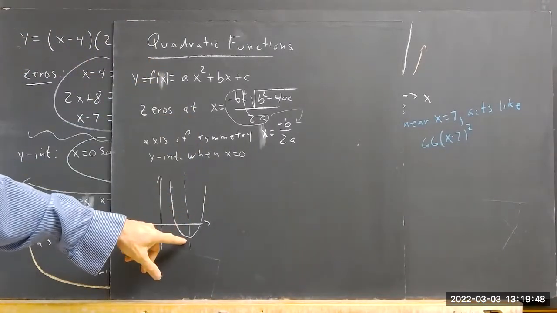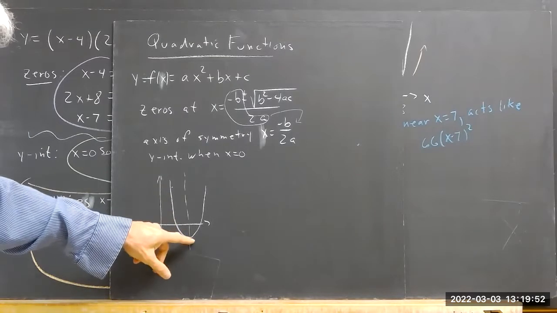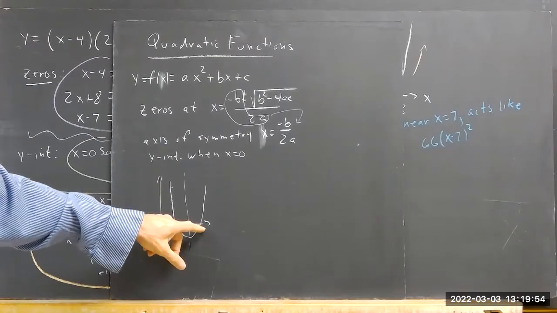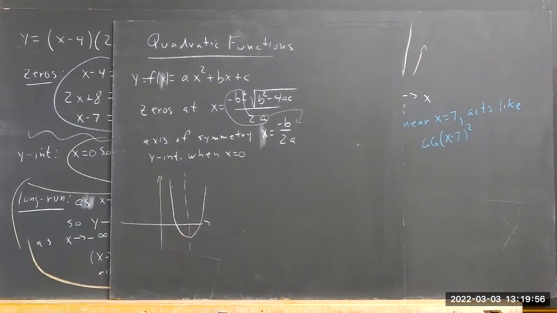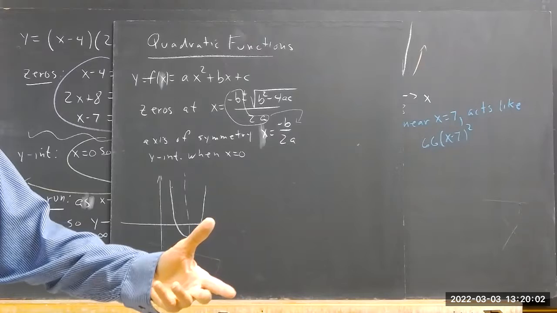It opens upward with a vertex below the x-axis, which means you've got 2 zeros. Okay? That means that b squared minus 4ac has to be a real number.